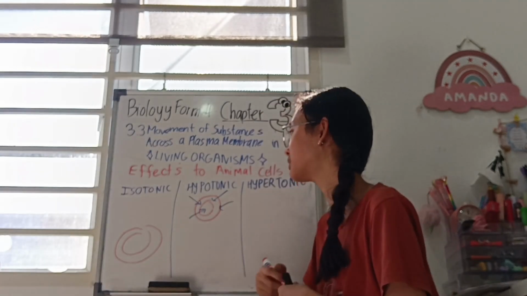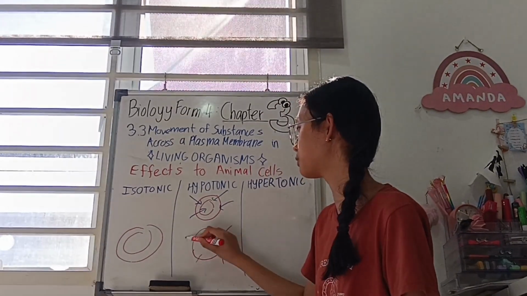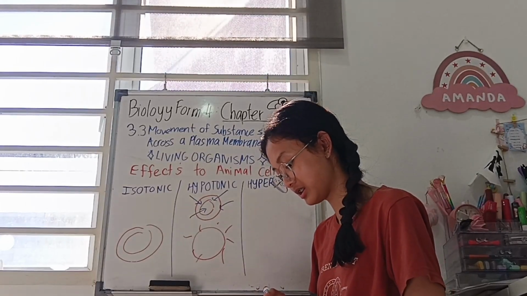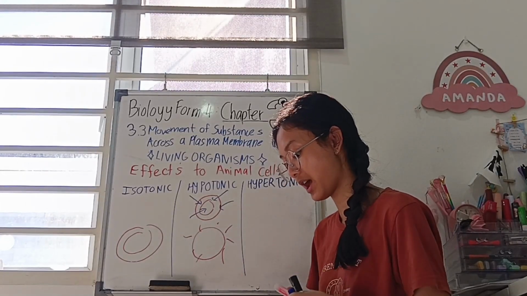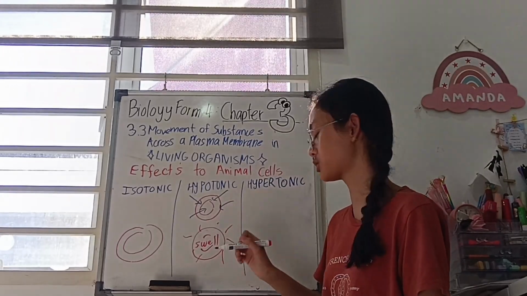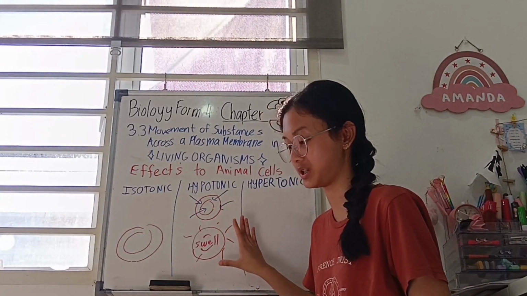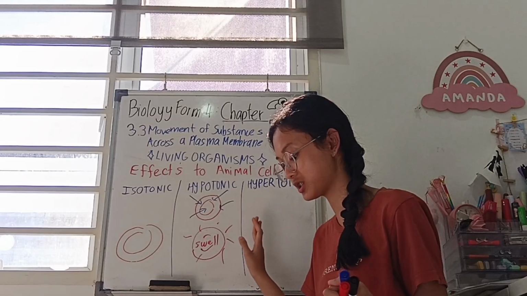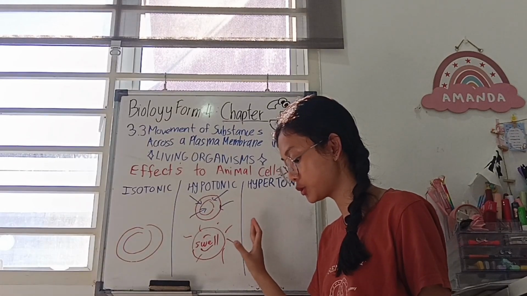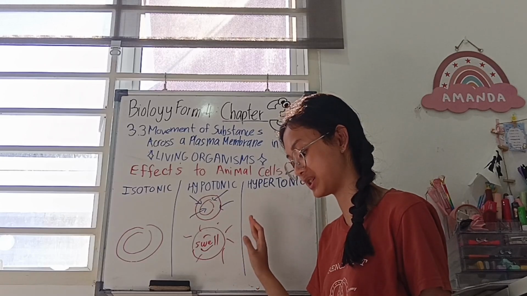So what will happen is the cell will literally explode. The cell will swell and burst. Okay, so the red blood cell will swell. Why does it swell and burst? This is because the plasma membrane is too thin to withstand the osmotic pressure built up in the cell.